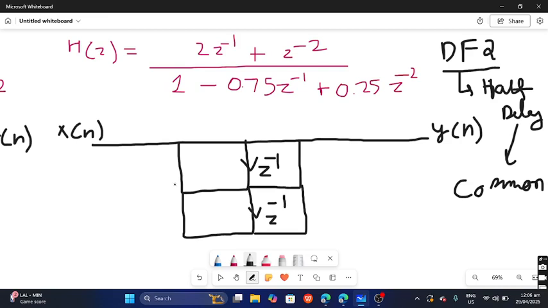Now in the denominator we are making, so it is minus 0.75, and here we also have a constant 1.